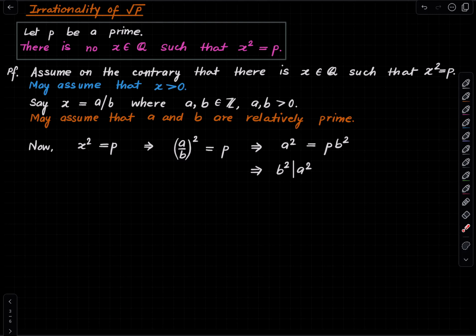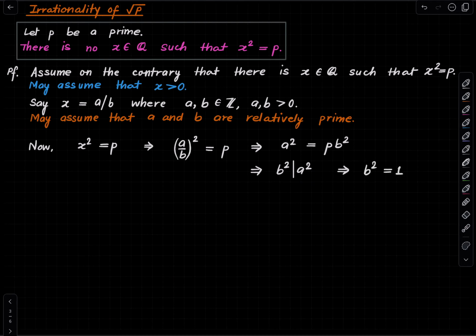This we learnt. You can take any positive power of a and the same power of b, and these two numbers will be relatively prime. But now, at the same time, we have b square divides a square. This implies that b square is equal to 1.